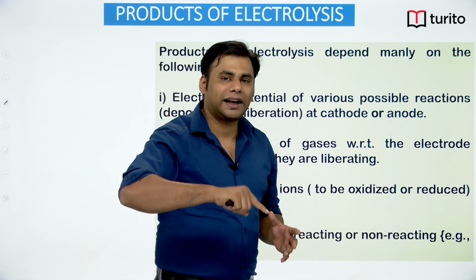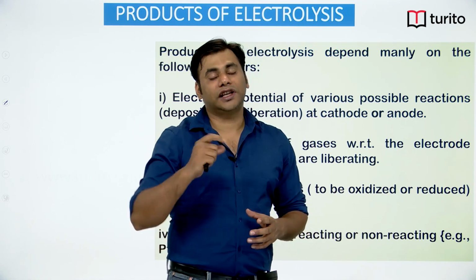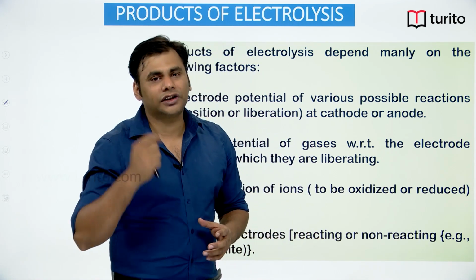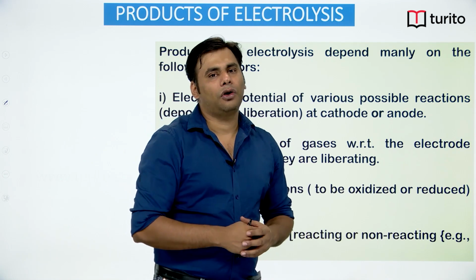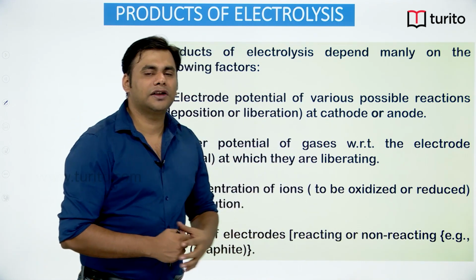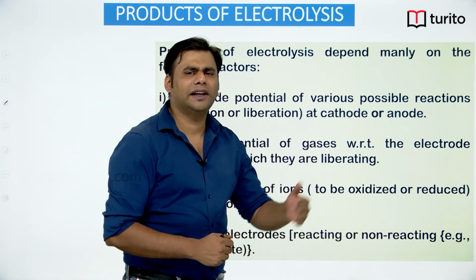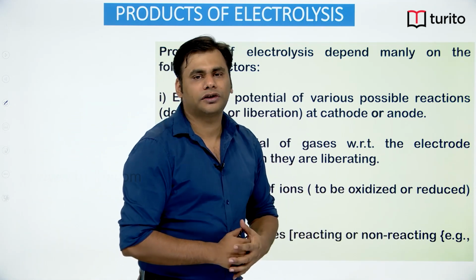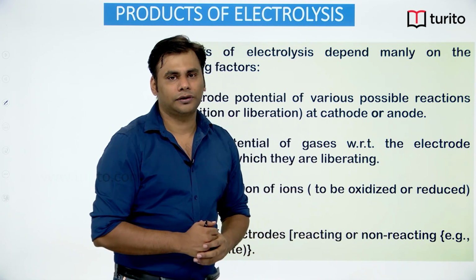Similarly, at the anode, that anion would be oxidized first which has more positive oxidation potential or less negative oxidation potential. That's how we'll predict which species or which ion is going to get reduced or oxidized at various electrodes.